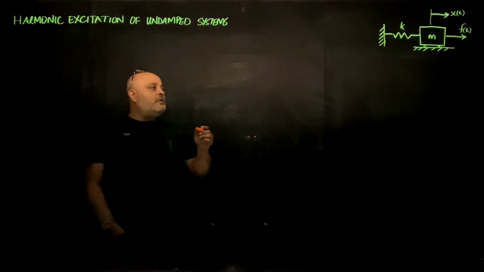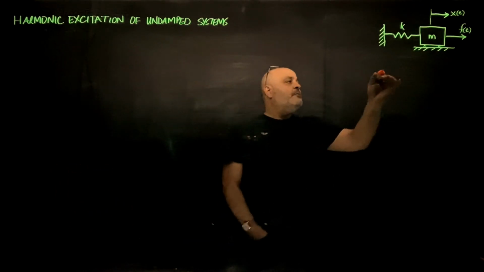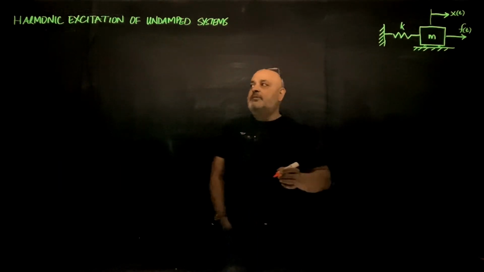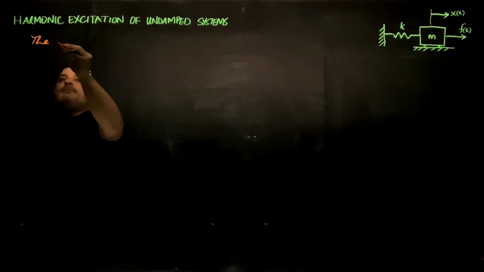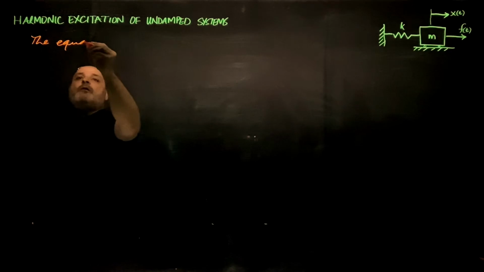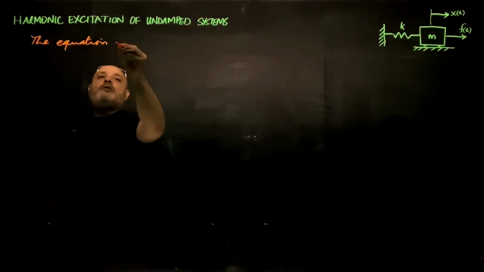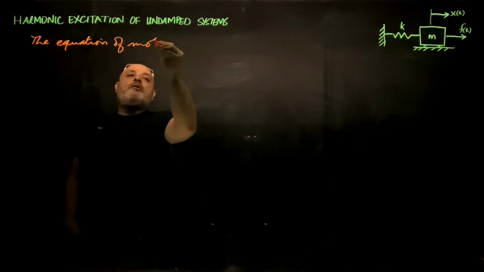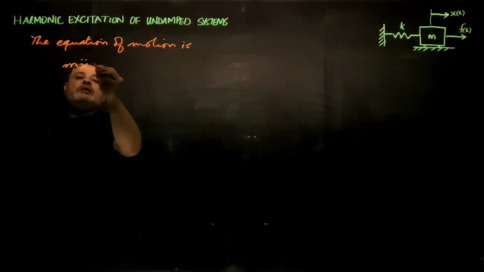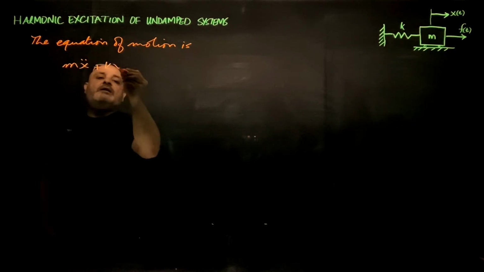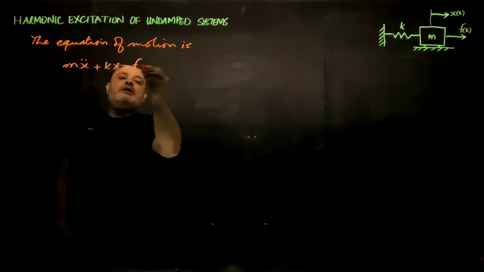Now, for a simple undamped system, a mass spring system, the equation of motion is m x double dot plus k x equals f of t.